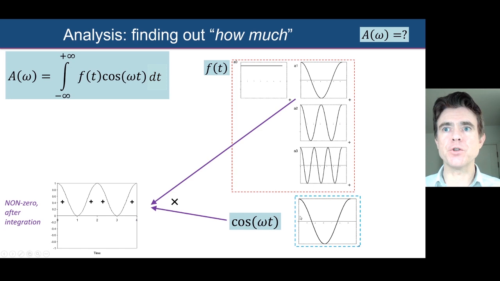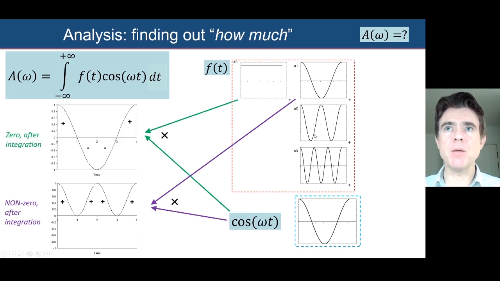For example, if we multiply cos omega equal to 1t by the 0 frequency component that is present in f of t, look at what happens. We just get a cosine function that's as much positive as it is negative. So if we integrate that, we will get a 0 result.